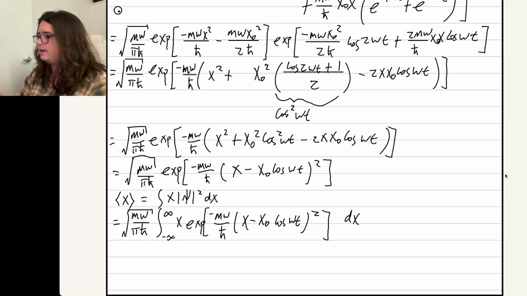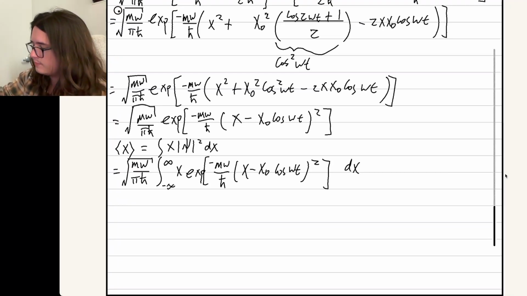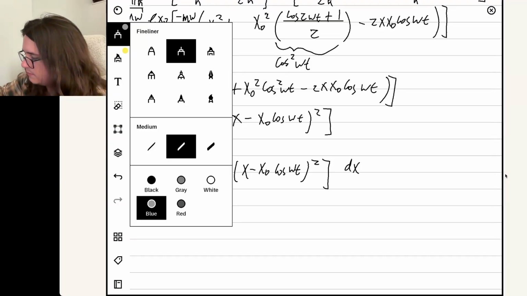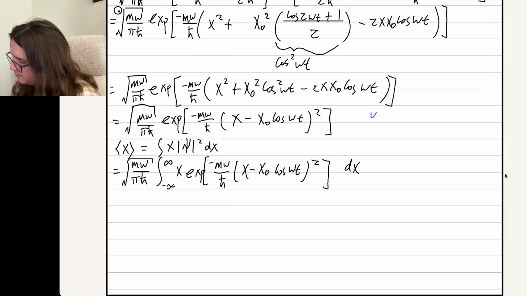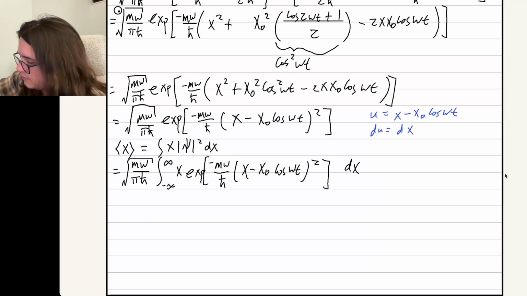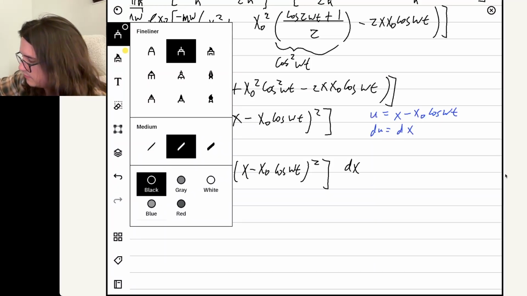All right. We'll do a u substitution to make this integral sufferable. We'll do u equals x minus x naught cosine omega t, which does mean that du is equal to dx, so we don't need to change the differentials that much.